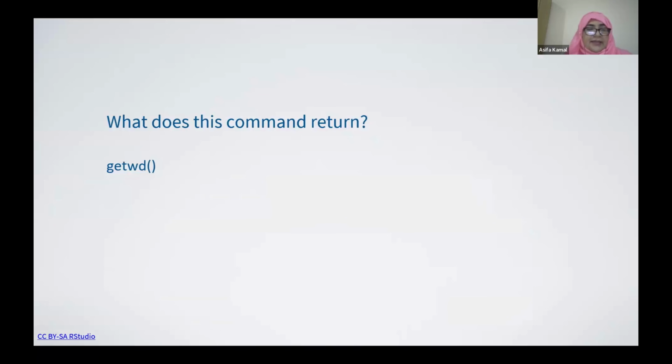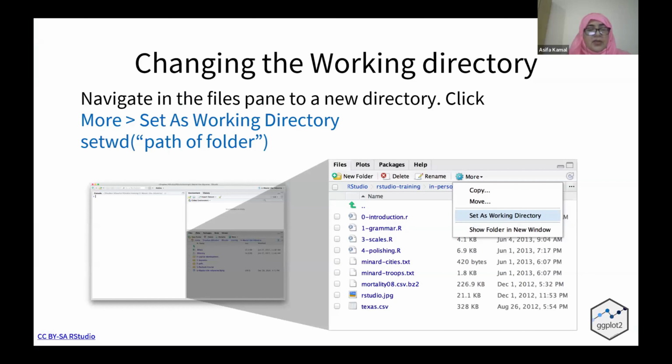The working directory is the main folder on your computer where R reads and saves files by default. So getwd, get working directory, tells us which folder R is currently using as its working directory on your computer. So it is very important. You can observe it in the output pane of RStudio.